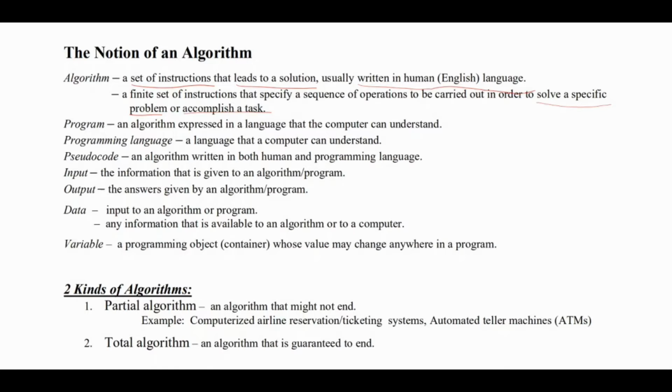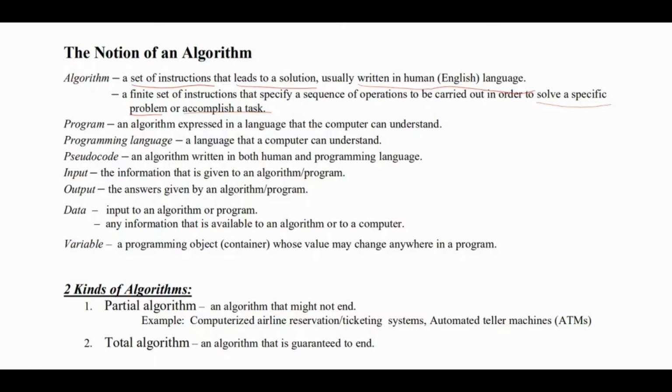Then we go over it to check if it is working by doing manual paper and pen testing, to check if indeed the algorithm works, meaning if it solves the problem or performs the tasks needed.